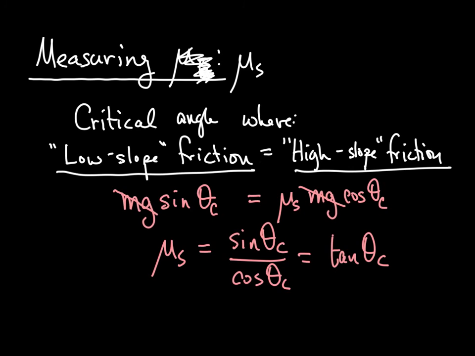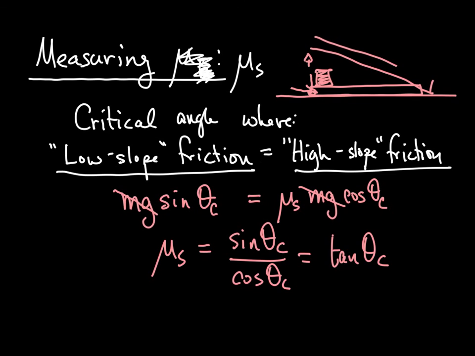You've got a table, you've got material 1, you've got your block, material 2, and then grab one side and lift it up and watch this block, and the instant it starts sliding, you've hit your critical angle.